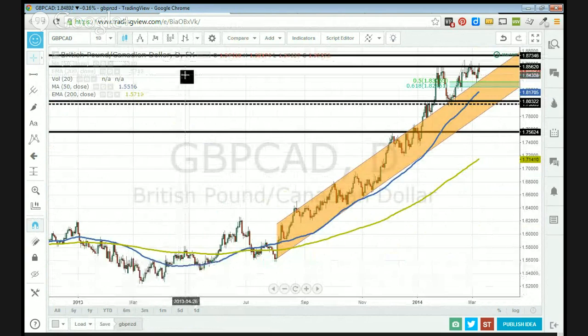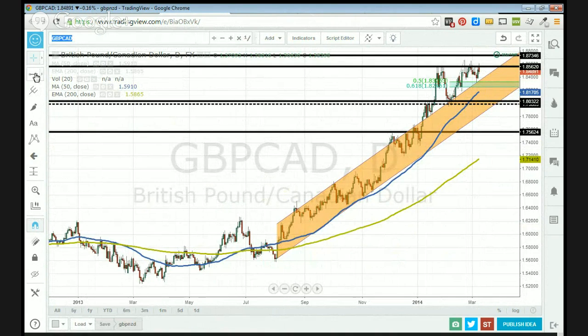Stop at 86.80, short at 85.60. 120 pips, and you target all the way down here. Well, maybe. Probably not, but maybe. We'll come back to this. Pound Canada could be an interesting short.